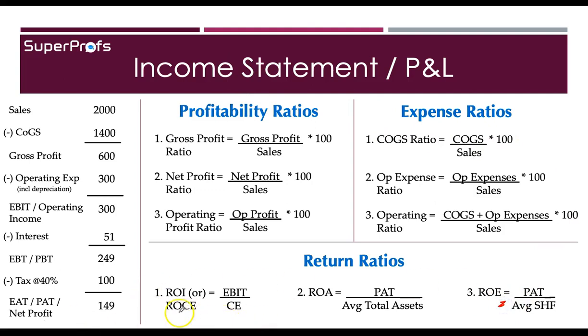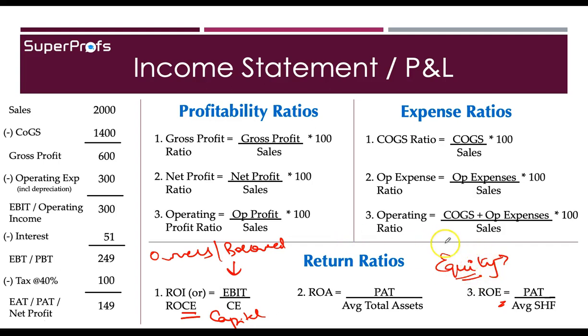Remember, here we have talked about capital employed, so therefore we have taken the complete capital, whether it was the owner's fund or the borrowed fund. But in return on equity, this will be calculated only on the owner's fund, because the denominator has to be equity, and equity is what? Your preference share capital, your shareholder equity, and the reserve and surplus.